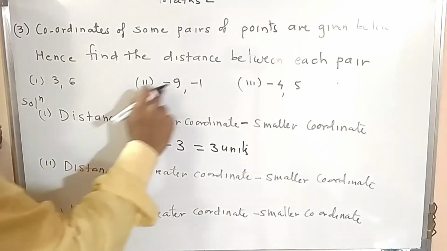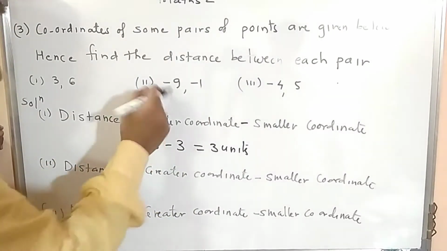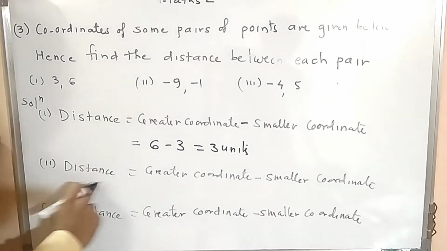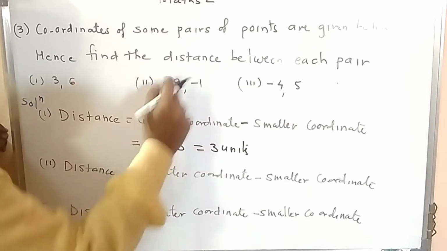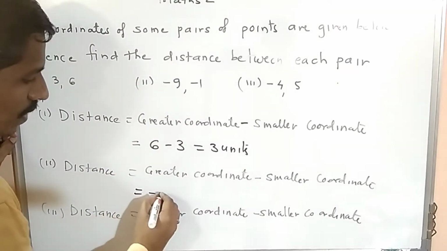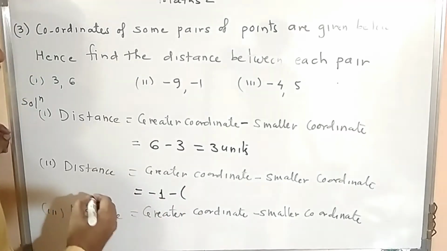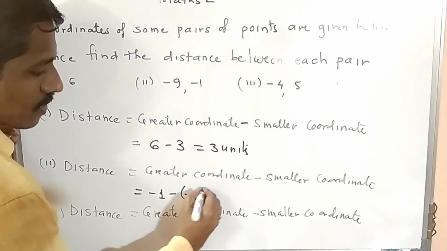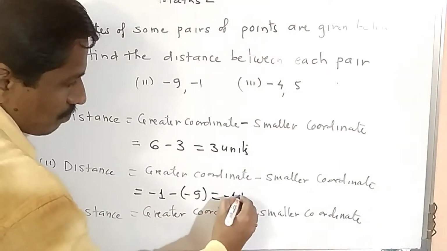Now second one, -9 and -1. Here distance is equal to greater coordinate minus smaller coordinate. Which one is greater? Greater one is -1, minus smaller coordinate is -9. This -1 will remain same.